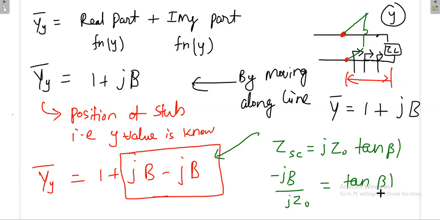You already know beta, and you know the value of B. Finally you will get some value and angle for tan beta L, then you know beta L. This L will give you the length of the stub.